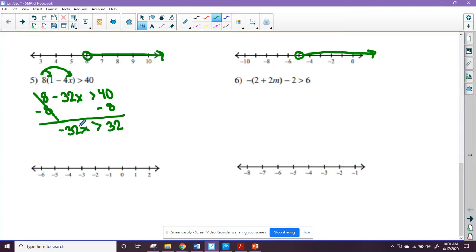Then we have to get x by itself, and it's attached to -32 by multiplication. So we have to divide to undo it. And when we divide by a negative, our sign flips. And 32 divided by -32 is -1. So we go to -1, and it's an open circle, and we are going to the left.